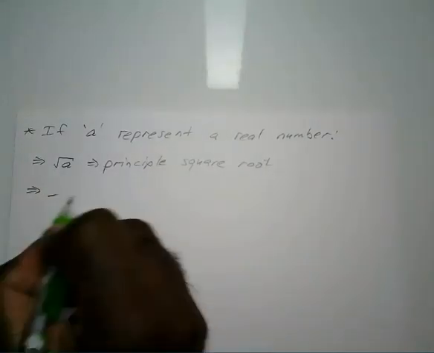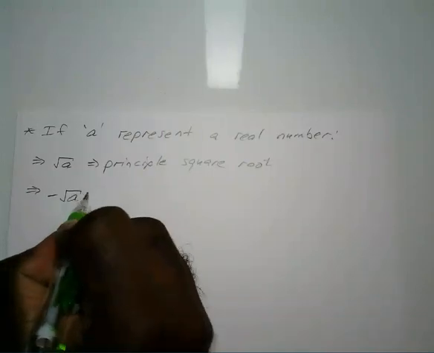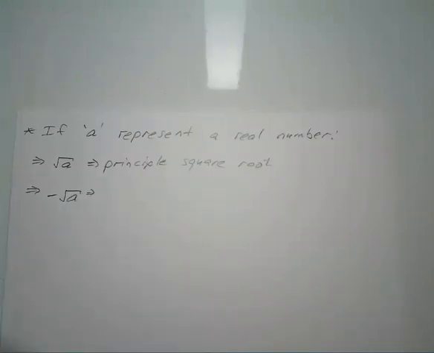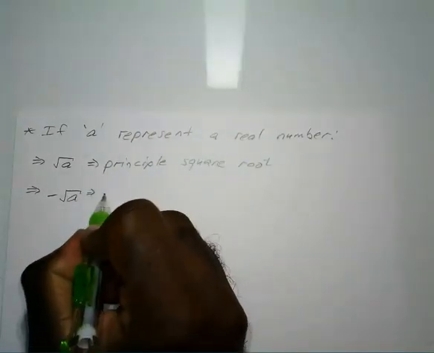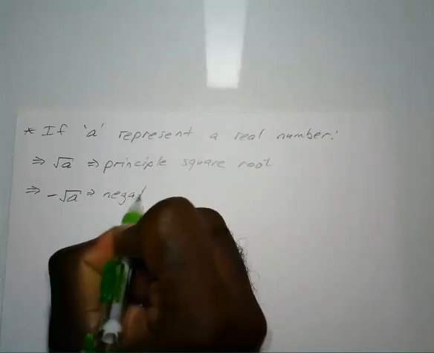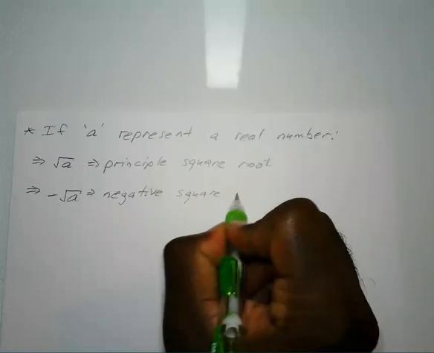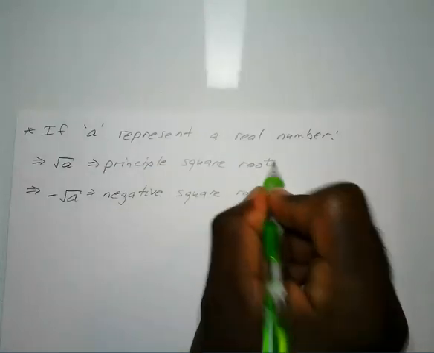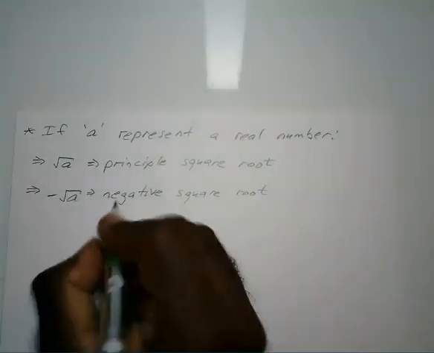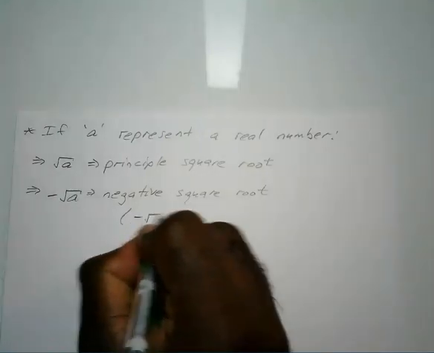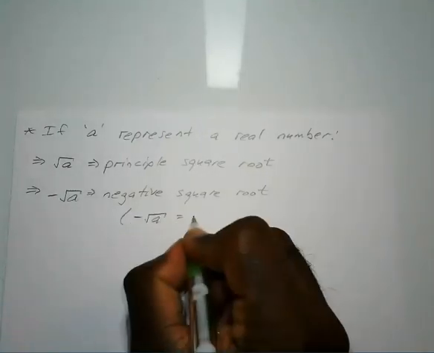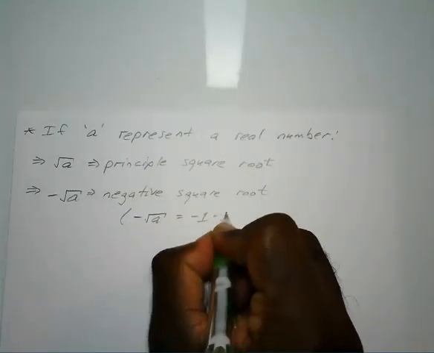Now, if you have the negative of that square root of a, that's of course called the negative square root. Or in other words, negative square root of a is the same as saying negative 1 times the square root of a.